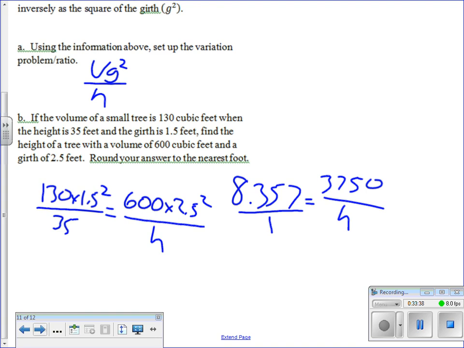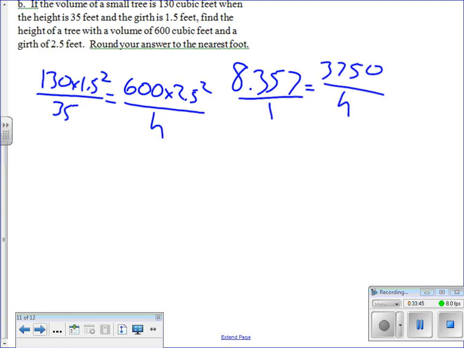1 over 8.357 equals h over 3750. And here's the other really cool thing, and this is one of the ones I love when I set this up, is that I can swap a couple of things and it still has to be true. I can swap these, and it'll still be true.